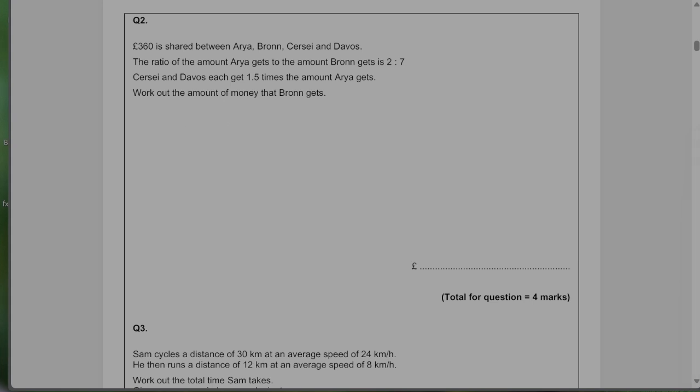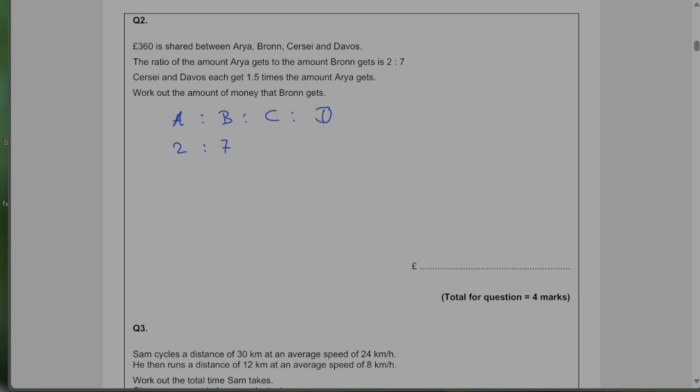Okay, so to do this, I'm going to set it up as a 3-part ratio, 4-part ratio, just to help me construct it. So we know that their total is going to be 360, but we'll come back to that in a second. Arya to Bron is 2 to 7, so A to B 2 to 7. Cersei and Davos each get 1.5 times the amount that Arya gets.